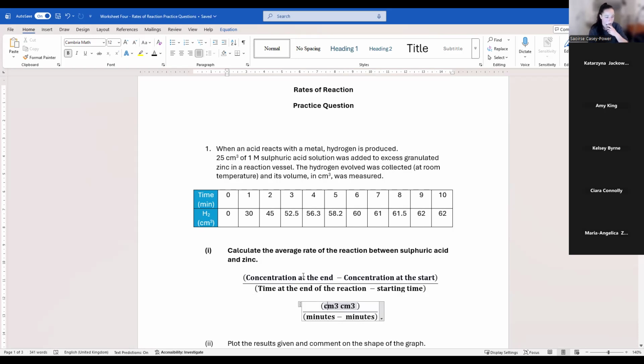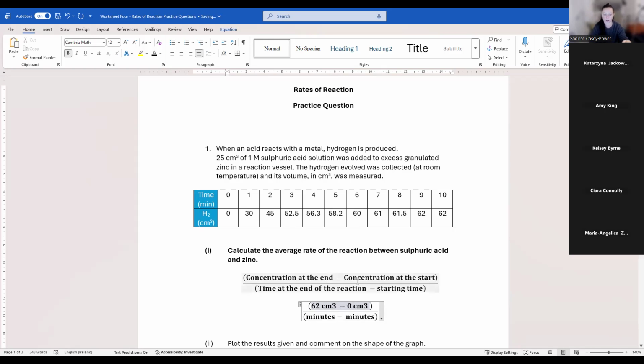So my concentration at the end is 62 centimeters cubed. That is the amount of hydrogen gas that was formed at the end of the reaction. And obviously the concentration at the start, the reaction hadn't happened yet, so I have minus 0.